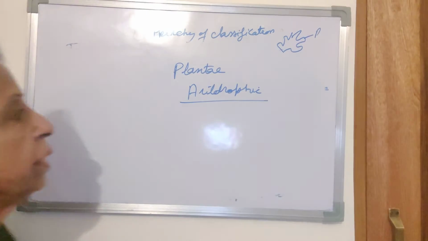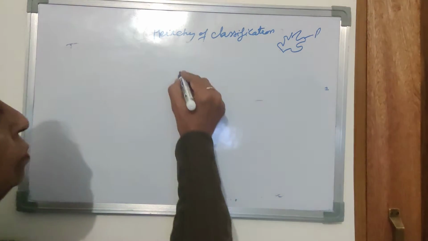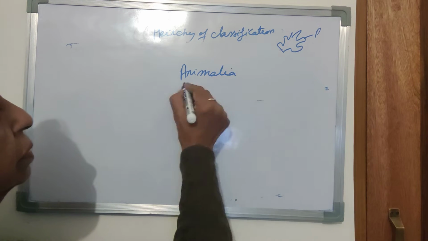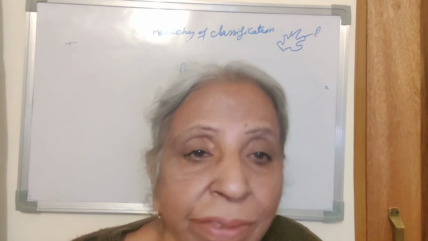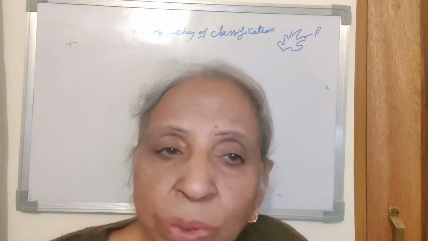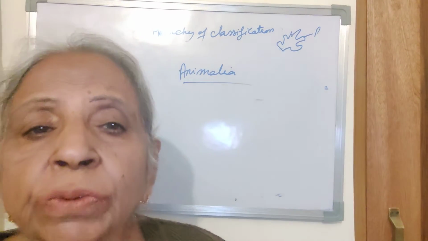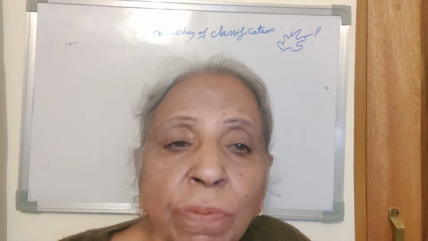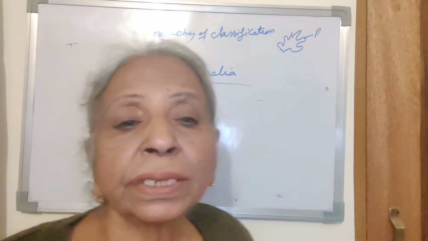Then there is kingdom Animalia. In kingdom Animalia, the organisms don't have cell wall. They are eukaryotic, but they don't have cell wall and they are heterotrophic in nutrition. They obtain their food from the outside. There is continuous complexity in the heterotrophic animals.